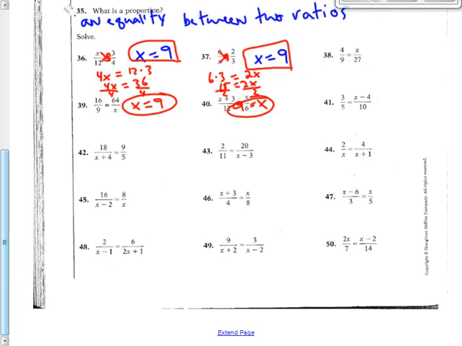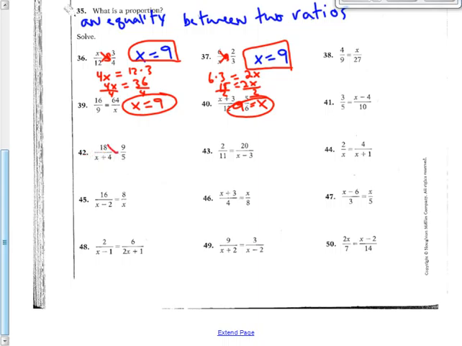Well, I multiplied by 2. That means I have to multiply the 5 by 2 to get this number here. But the answer is not 10. X is not 10 in this problem. X is actually going to be 6, because I need this whole bottom part right here to be 10. I need the whole thing to be 10. And so the x part of it is 6, because I already have 4 of that 10.